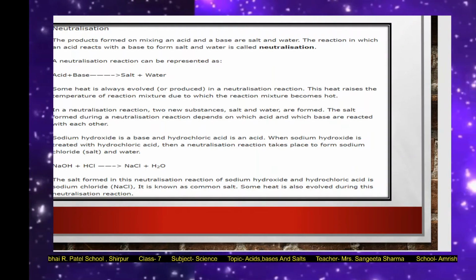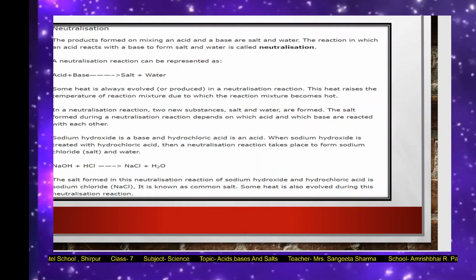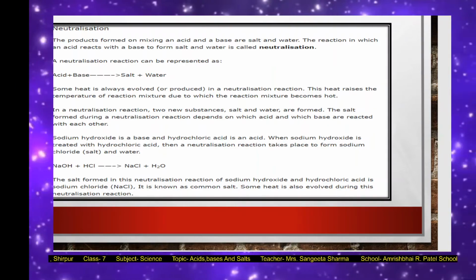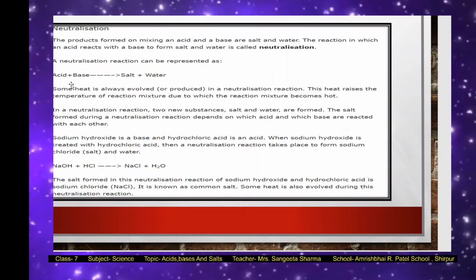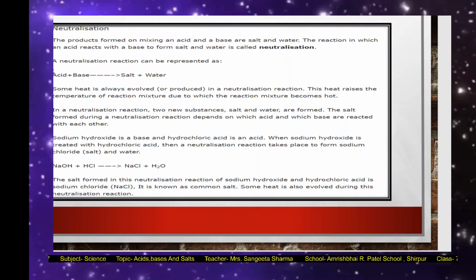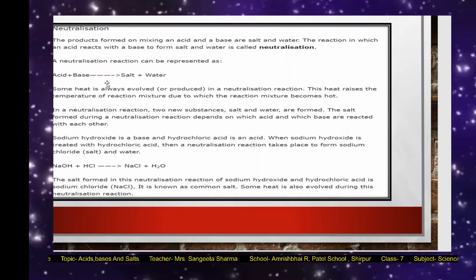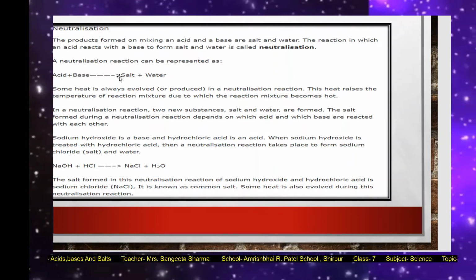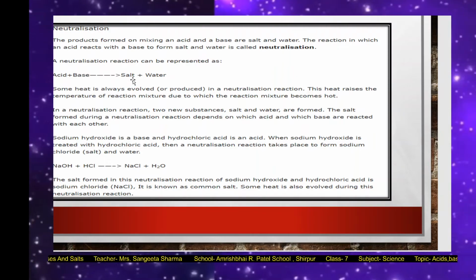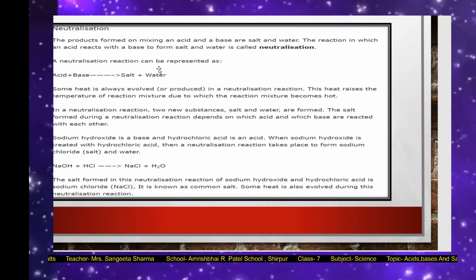Now, we can represent this neutralization reaction in the form of an equation. Here I have written acid plus base. Whatever we write on the left-hand side is called the reactant. They are reacting, and this arrow shows what they are giving us. What they are giving, the products, are salt and water.